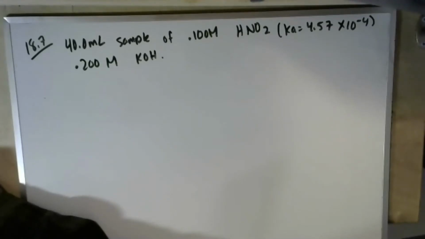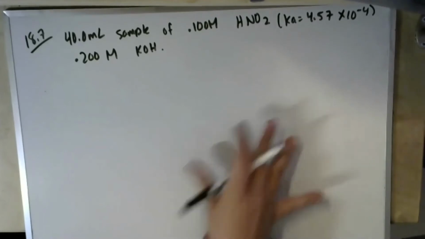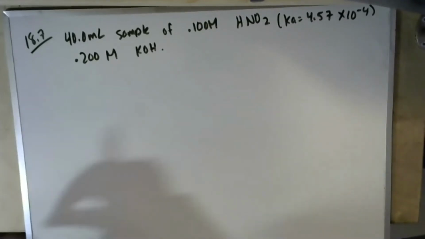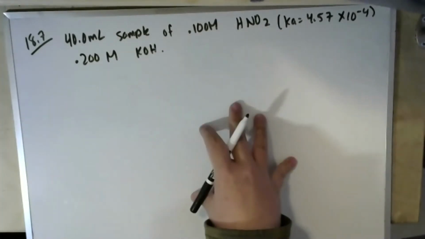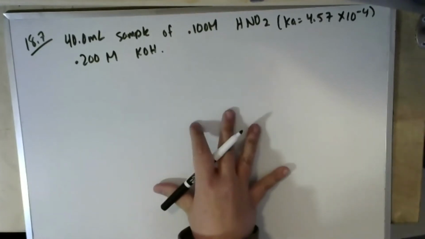The other thing that you have to remind yourself of when you're doing titrations is the process that's being described. Think about what's being asked of you and what the procedure is that you're supposed to be undertaking to do these calculations.